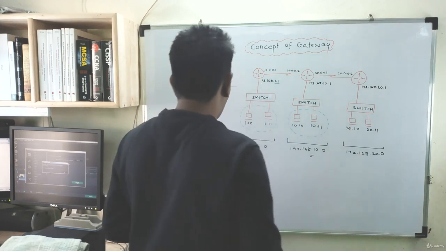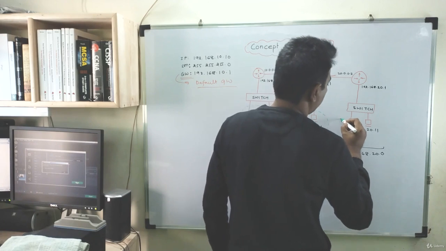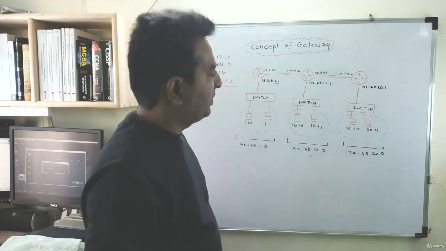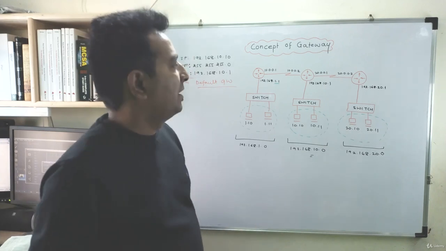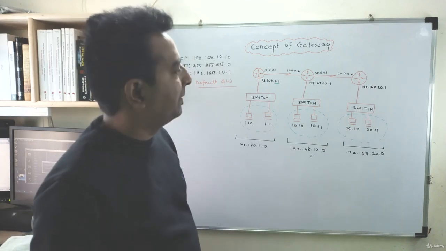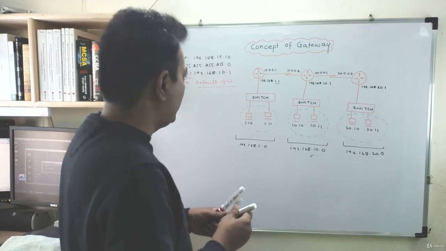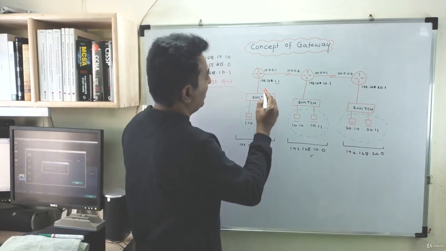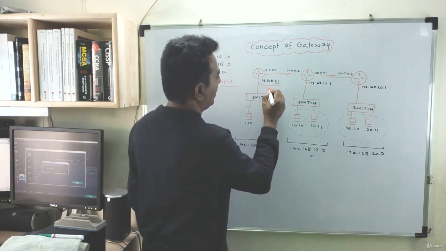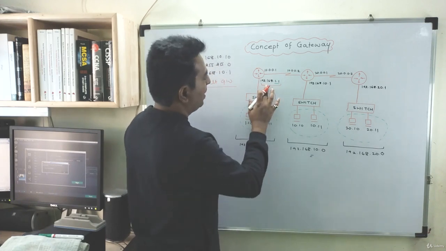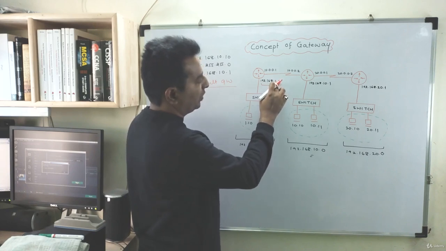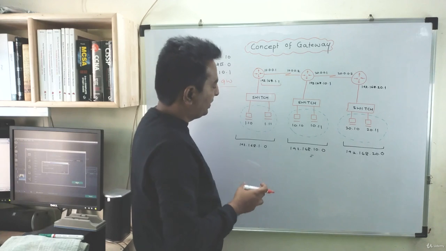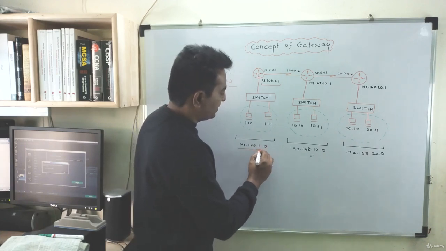So friends, now let me ask you a simple question. This is the setup that we have. How many networks are present in this particular diagram? To do that, you need to identify similar NIDs. So IPs 192.168.1.1, 1.10, 1.11 fall into the same network because their NID is 192.168.1.0.